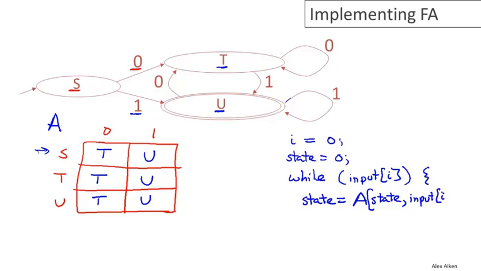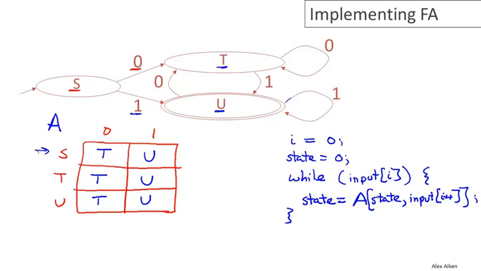And in that entry, using the current state and the current input, we're going to transition to a new state. And we also want to increment the input pointer. So we'll do that at the same time. And there is our loop that processes an input according to the transition table A.